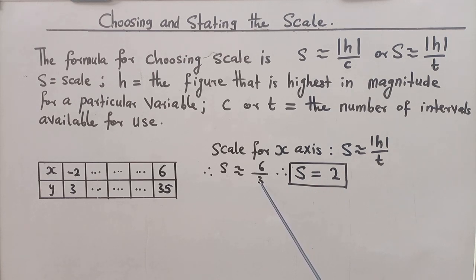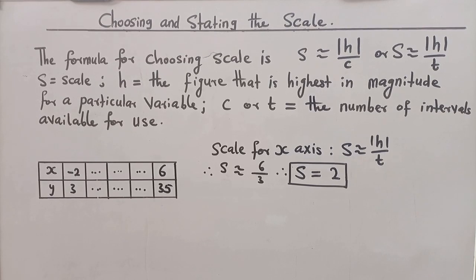That is why I put 3 here. In the end, 6 over 3 is equal to 2. Therefore, scale is equal to 2. What it means is that every interval will now be equal to 2 units. That is the implication of saying that S of scale is equal to 2.